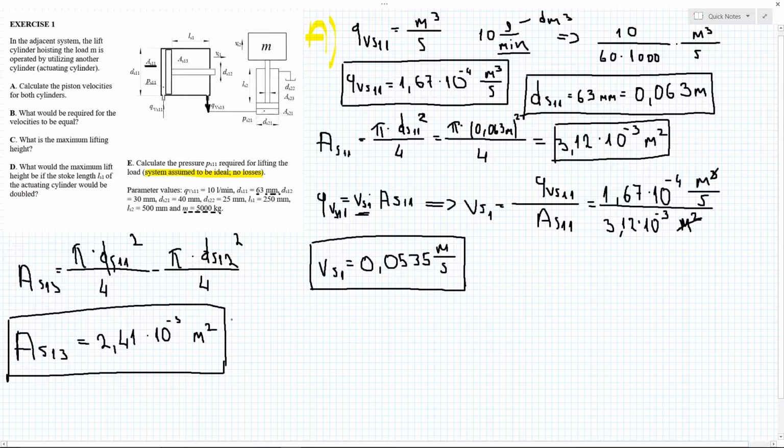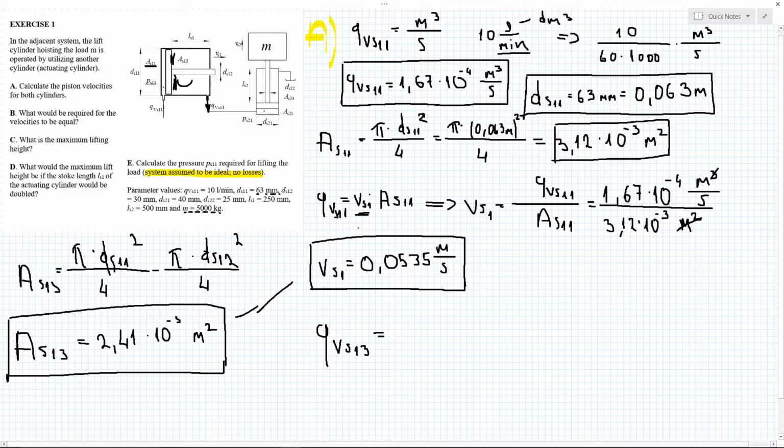Now we have the velocity and we have the area of the back of the piston. Now we can calculate the flow that exits our piston.